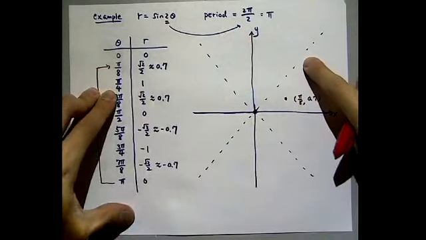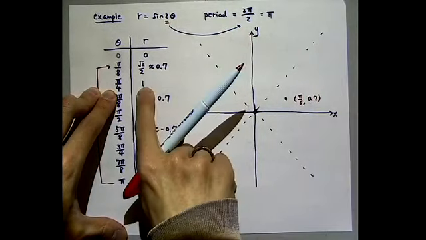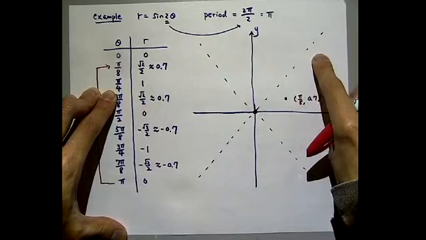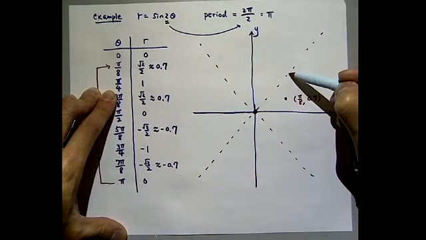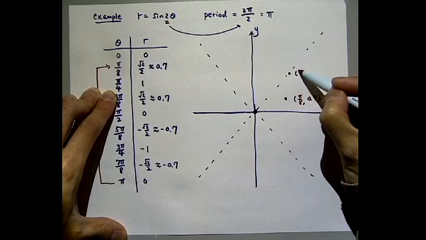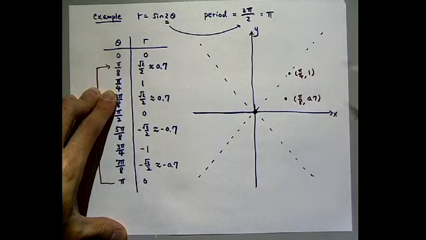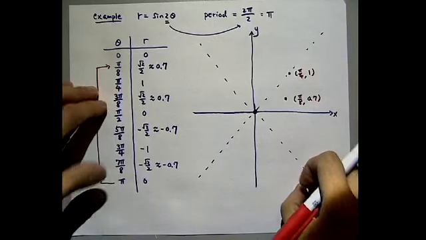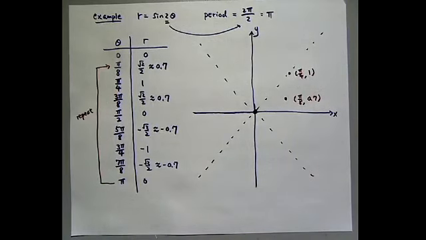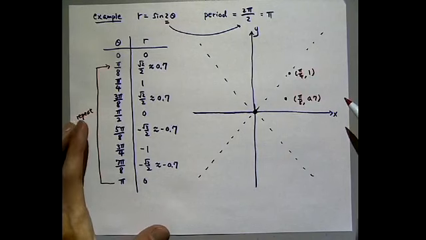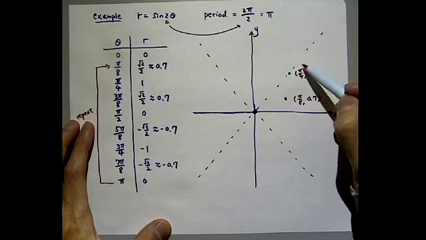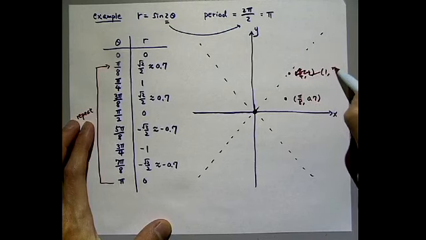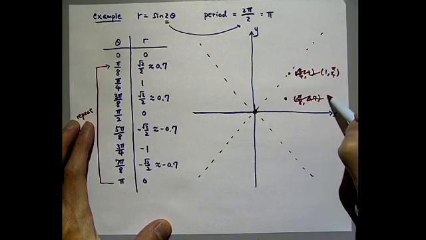Then pi over 4 is on the dotted line. I want to go 1 into the quadrant determined by this. So, like right here. So what did I do here? Theta, r. Why did I do that? Here. That'll fix it. I read theta first and then r.